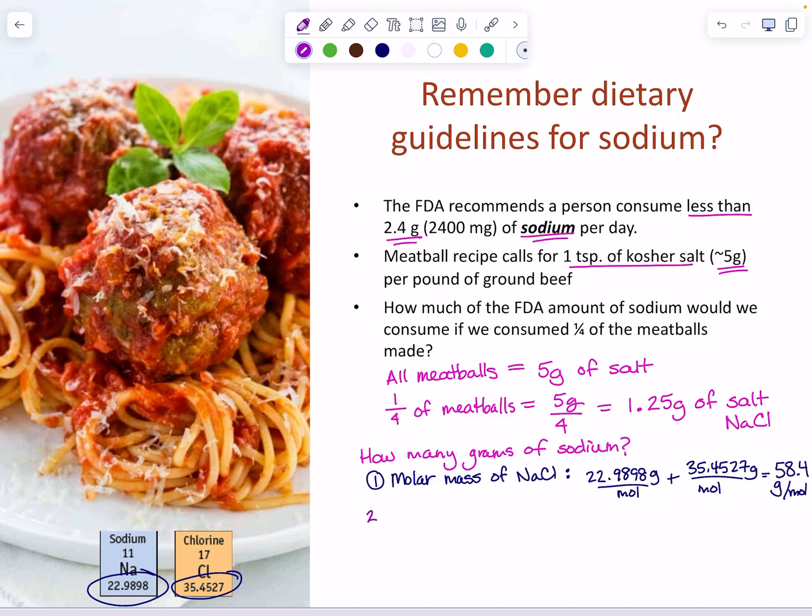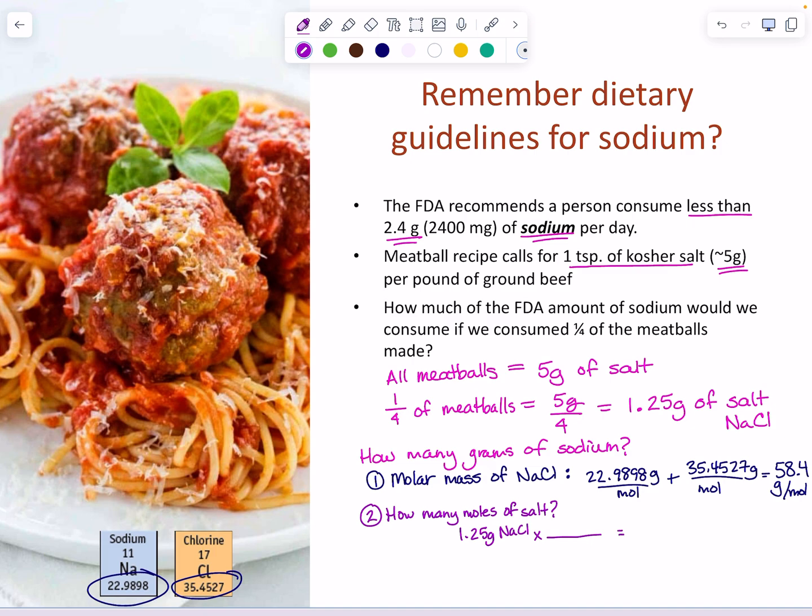So the second thing I'm going to do is, how many moles of salt. I've got 1.25 grams of salt. So I want to convert to moles. What's going to be on the top? What's going to be on the bottom?